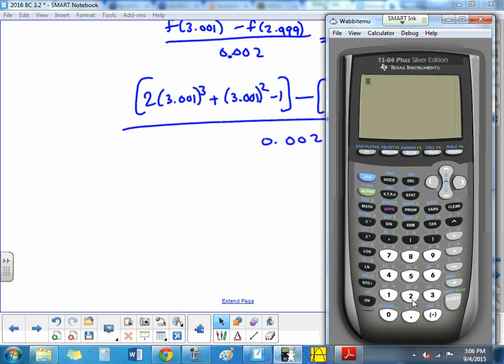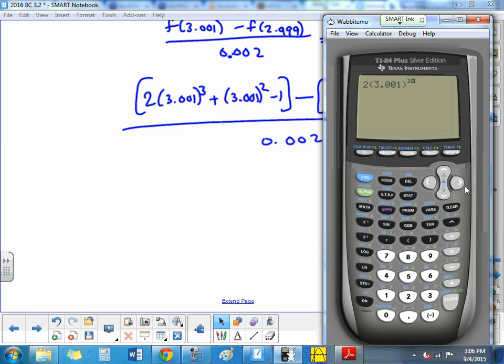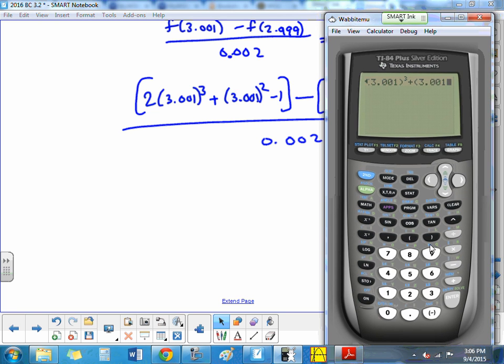But let's try it out. So we're going to do 2 times 3.001 to the third, plus 3.001 squared, and then minus 1. And let's put that in parentheses.